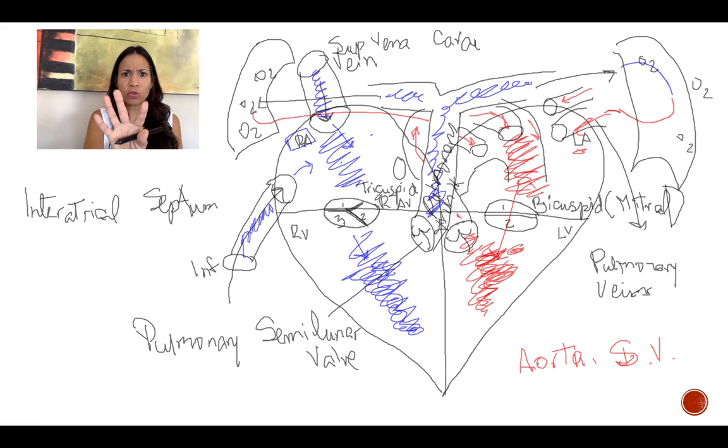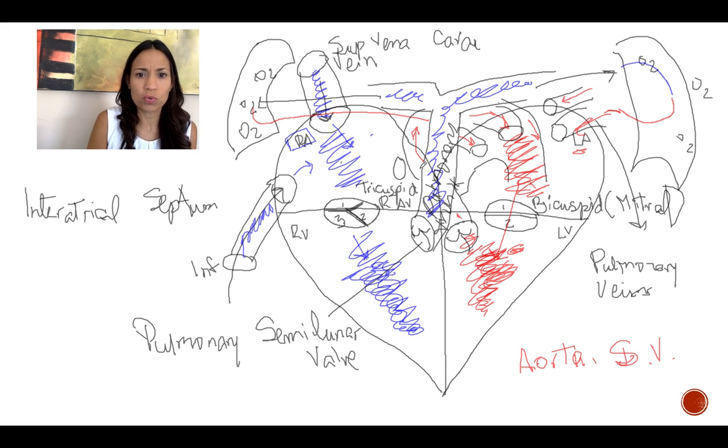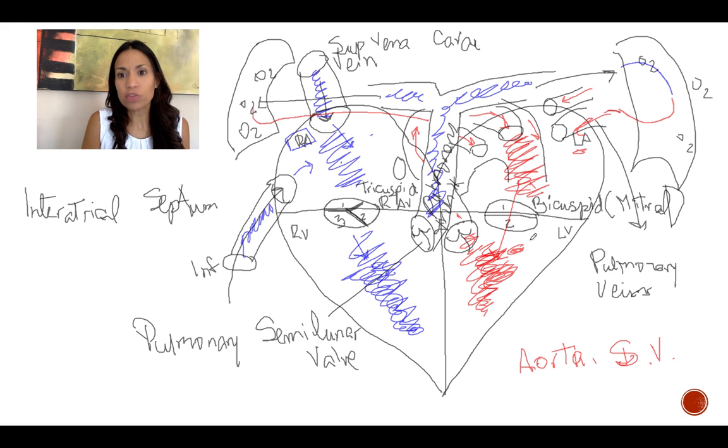Then, those are the four chambers. How many valves did we describe? Four. Two atrioventricular valves: the right atrioventricular valve or tricuspid valve, because it has three cusps, between the right atrium and the right ventricle, and the left atrioventricular valve or bicuspid valve, because it has two cusps, also called the mitral valve, between the left atrium and the left ventricle.